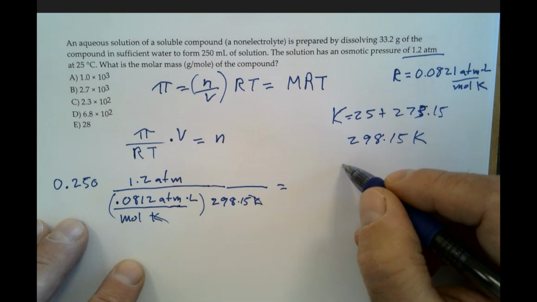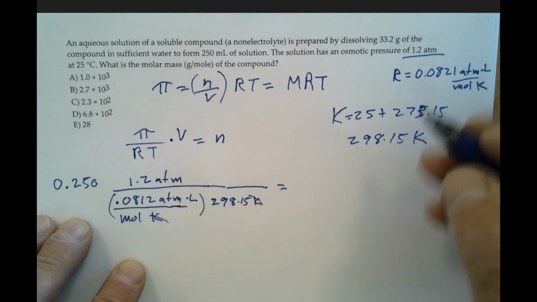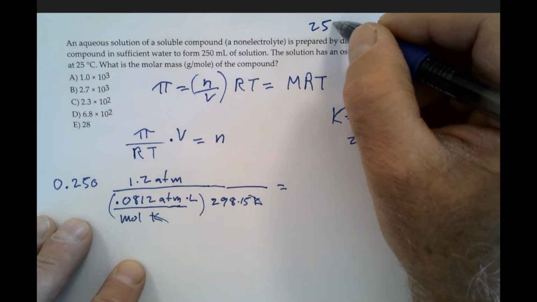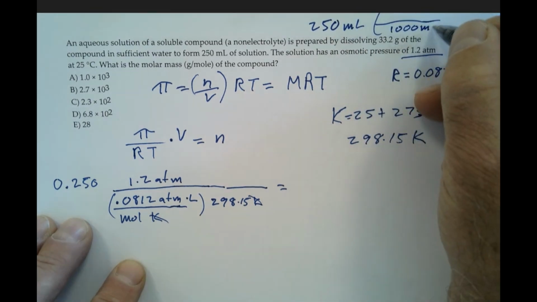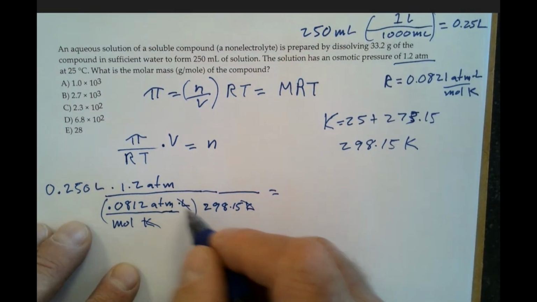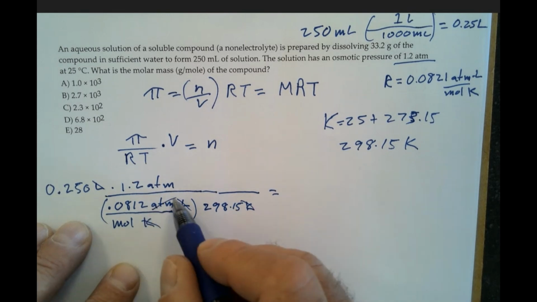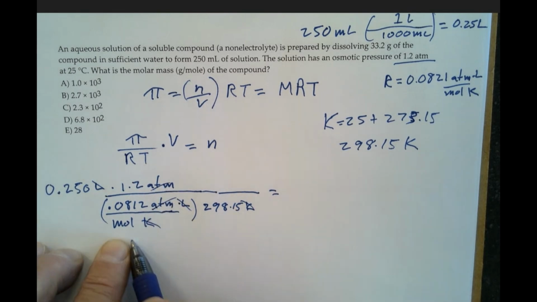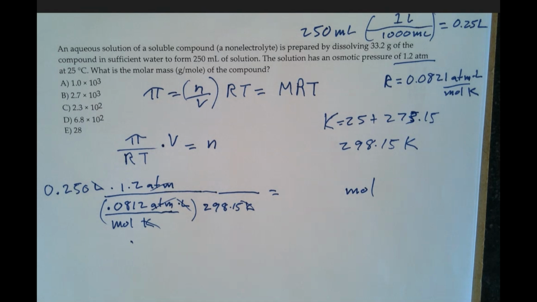That's another thing we'd probably want to do before we got started. 250 mL, 1,000 mL per 1 liter. Liters, atmosphere, 1 unit remains. So it's always good, before you do any calculation, to make sure all your units are right. I'll tell you whether your algebra is right.